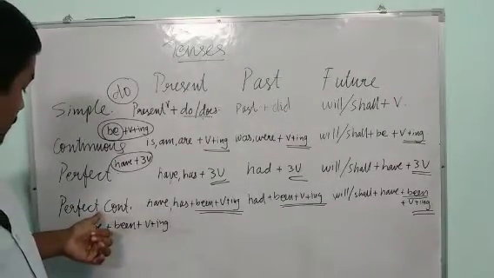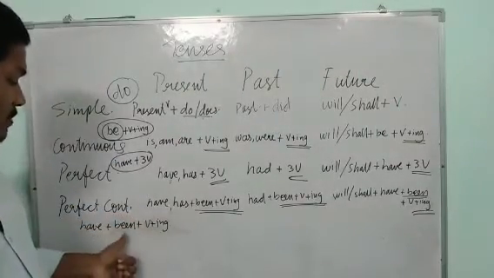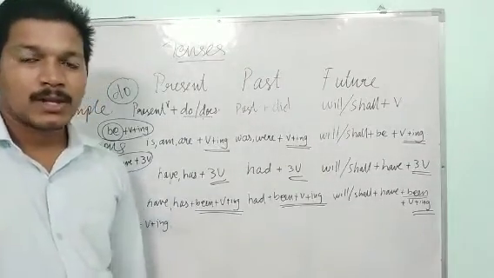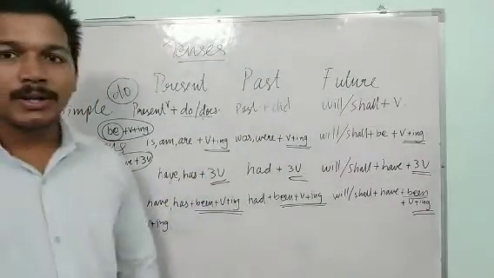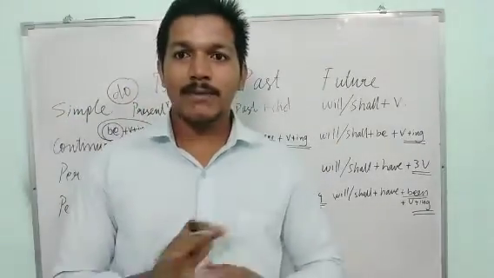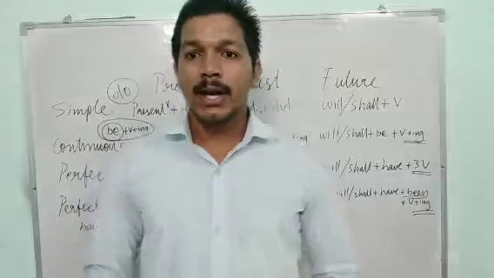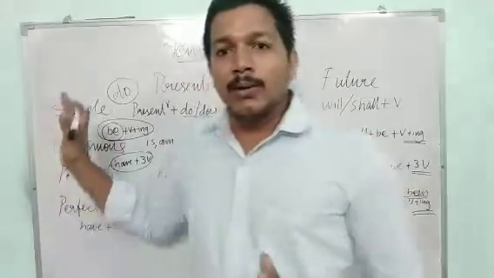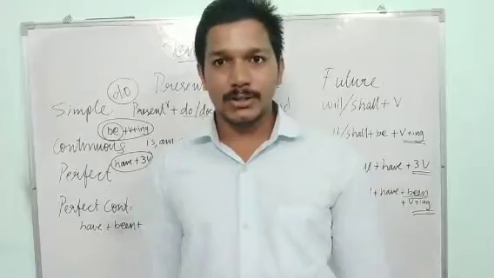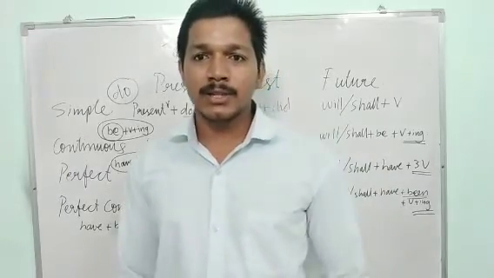And perfect continuous tense means have plus been plus verb plus ing. This format is used. Okay. So this is very common, and you can say it is all the tenses in a nutshell. Every tense is there in this, and only by understanding this table you will be able to understand all the tenses. Okay. It is made in such a way.